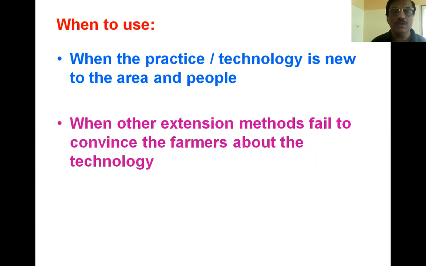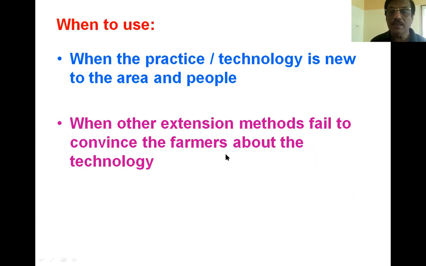Then, when we should use this method: when the practice or technology is new to the area or people, whenever you are introducing a new variety, new practice, new chemical to the area. Under such situations, you should go for result demonstration.